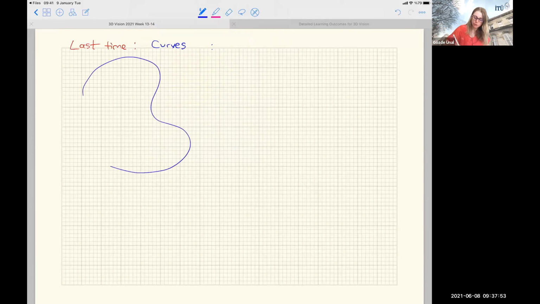So I have a curve. It could be in 2D or 3D, right? Embedded in 2D or 3D, but you guys now know it's a one-dimensional manifold. This is a 1D manifold, meaning I have one parameter that really parameterizes this curve.